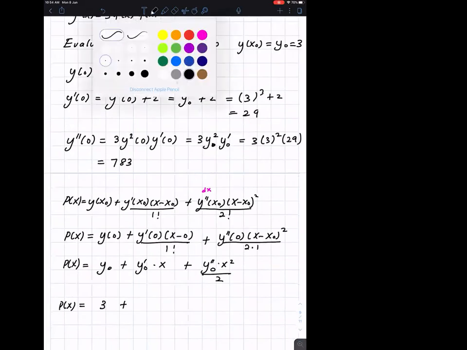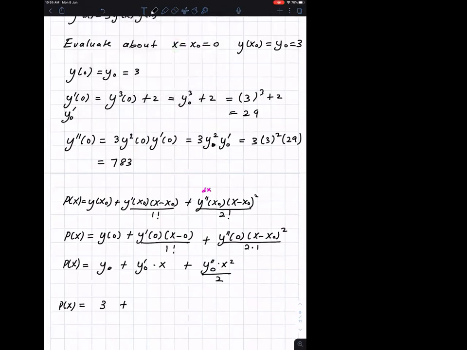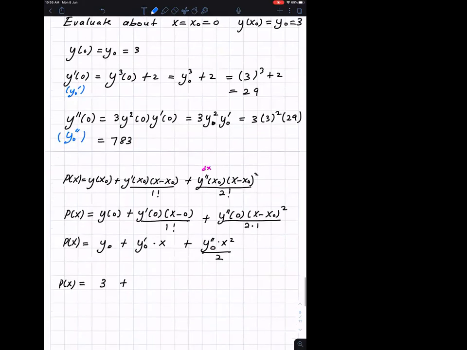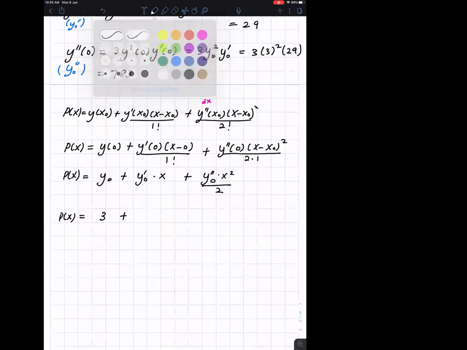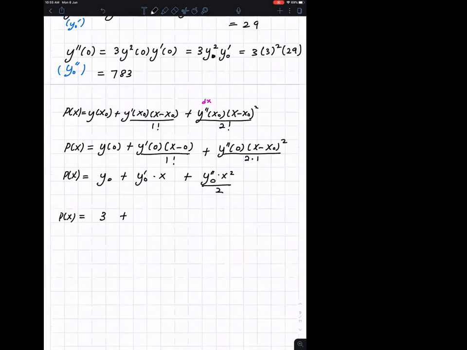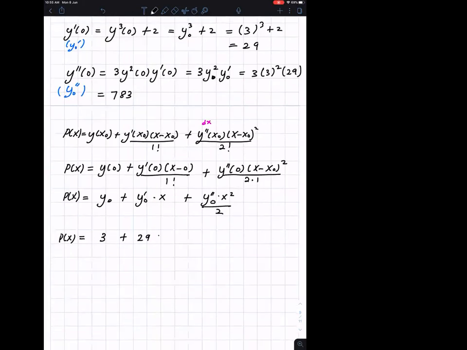And y naught double prime is 783. So the polynomial is 3 plus 29 x plus 783 divided by 2 x squared.